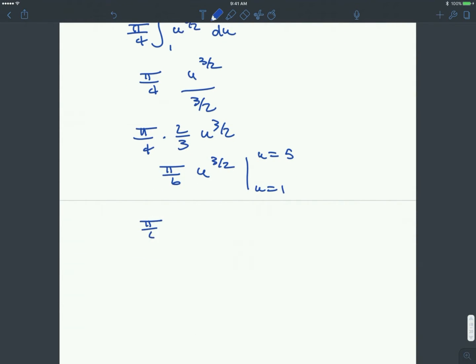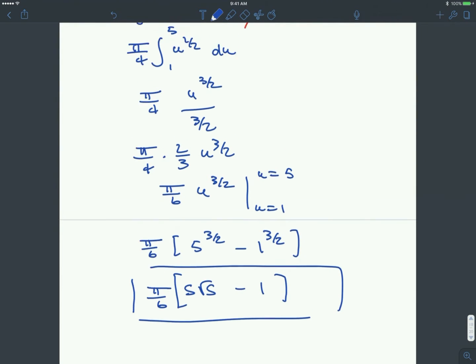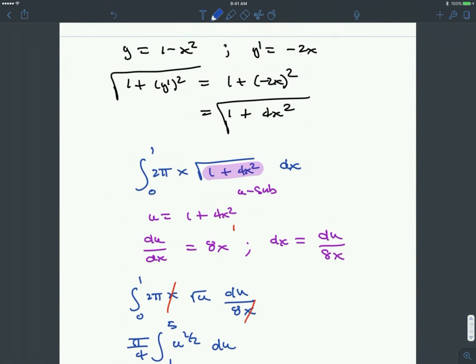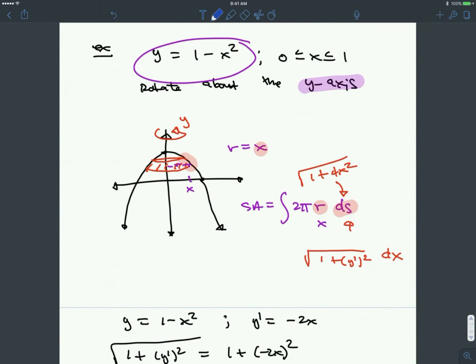So I get pi over 6 times 5 to the 3 halves minus 1 to the 3 halves, or pi over 6 times 5 square root of 5 minus 1. Now that does look familiar, because we did it earlier in class. This is actually how you would handle that situation when you revolve about the y-axis instead. Okay, let's see what we have next.